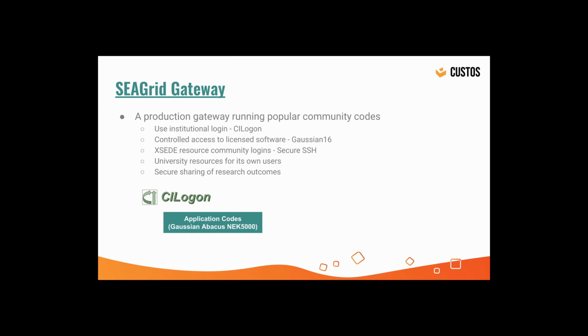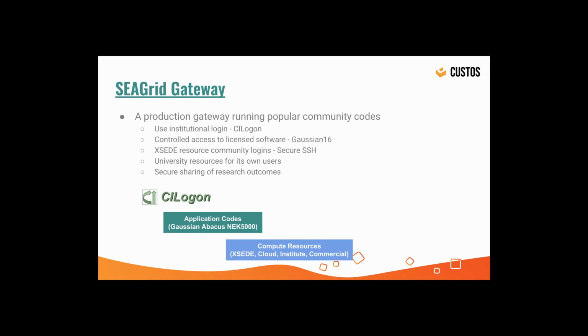And one other thing is that Secret, being a very mature gateway, helps users get their computations done on remote resources. The Secret Gateway provides connectivity to many resources here in the US. XSEDE is a resource community that enables them to connect to different resources around the country.